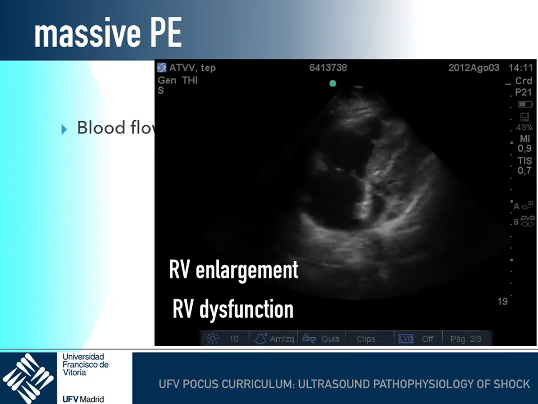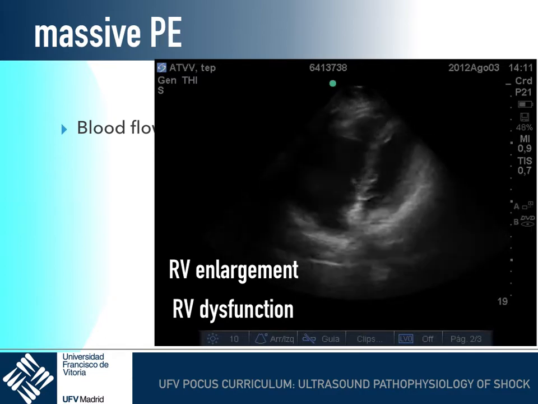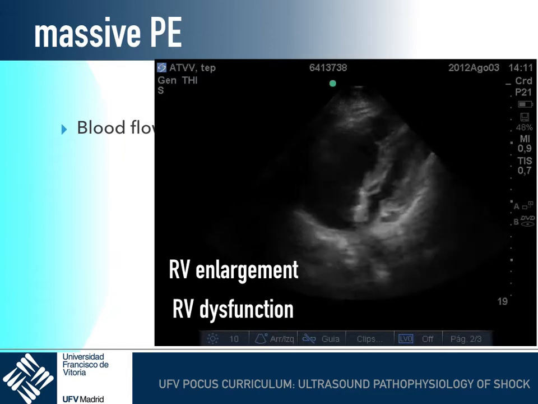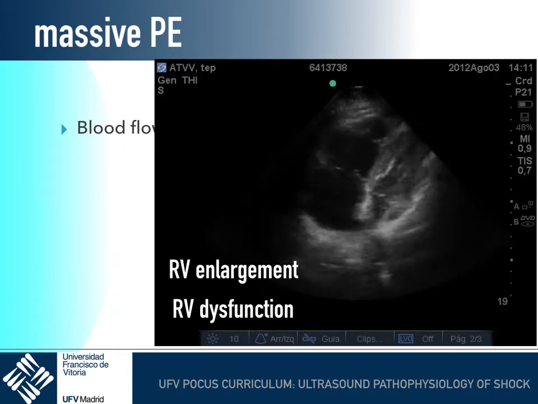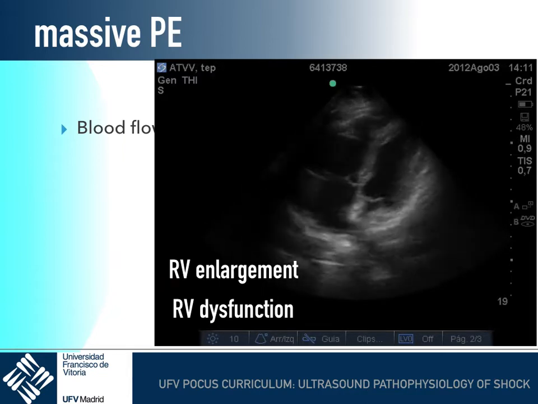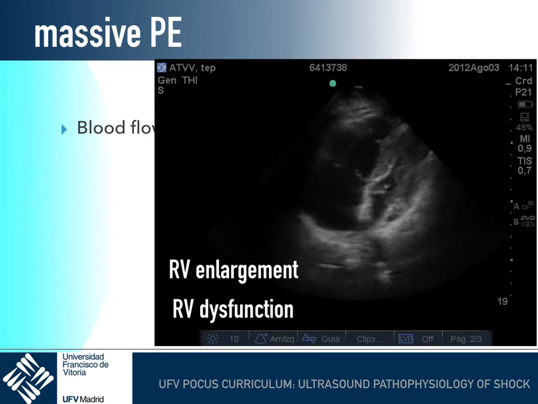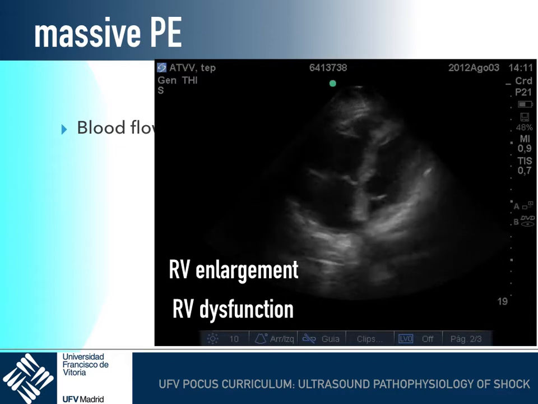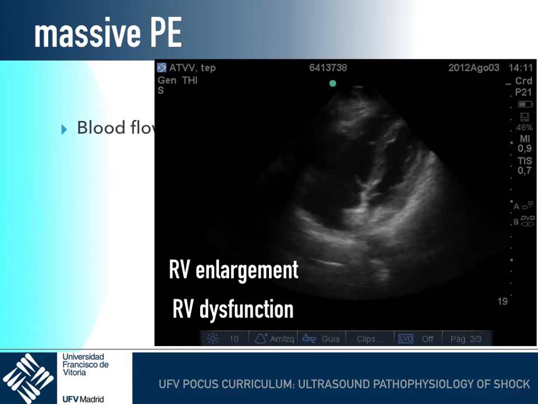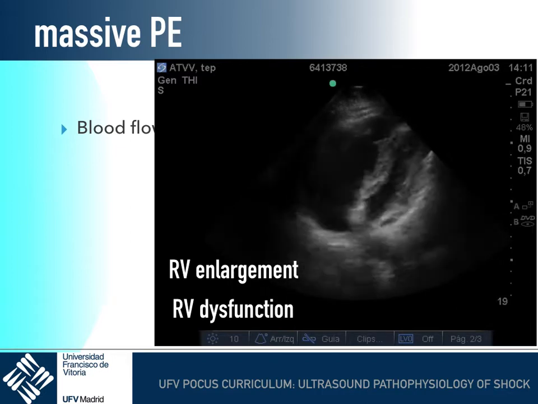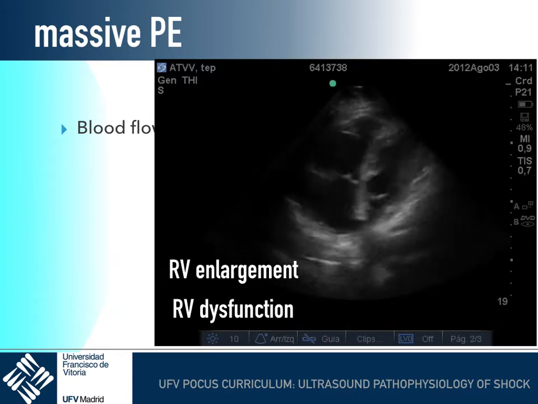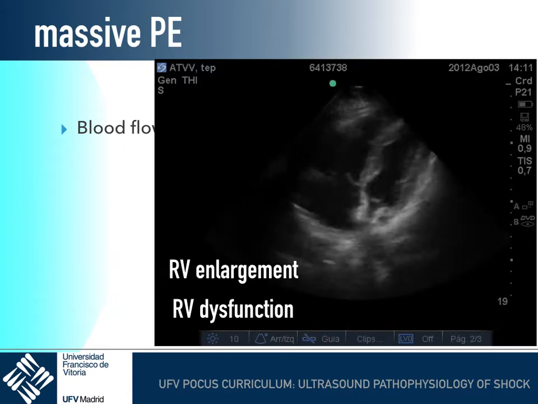The right side of the heart is able to acutely enlarge, and this is not possible for the left ventricle. So imagine that the outflow tract of the right ventricle is totally blocked, and there's no blood going from the right side of the heart to the left side.